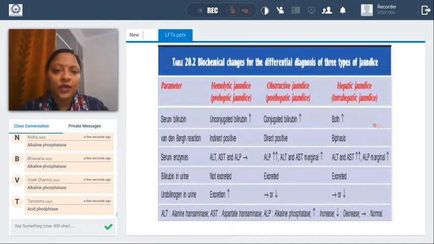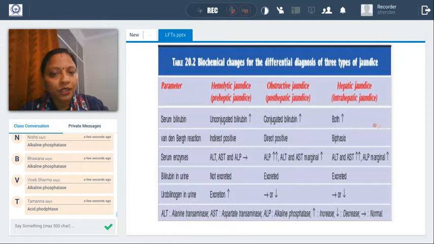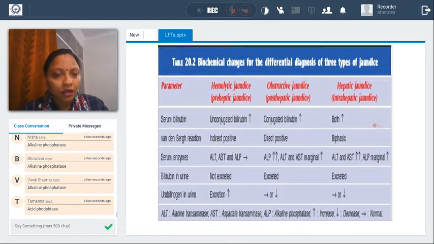So in hemolytic jaundice, ALT, AST and ALP are normal. In obstructive, ALP is increased and ALT and AST are marginally increased. In hepatic jaundice, this is the important point, ALT and AST are increased and ALP is marginally increased. In urine, what is the status of bilirubin?